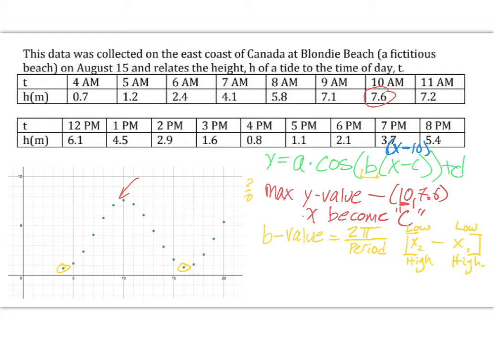When I look at these 2 points, I've got 4 a.m. and the next lowest point appears to be at 4 p.m. It's not quite as low, but it's pretty close. Between those two, I've got 12 hours. So for this particular situation, the period is going to be 12 hours. So I'm going to write this as 2 pi over 12.